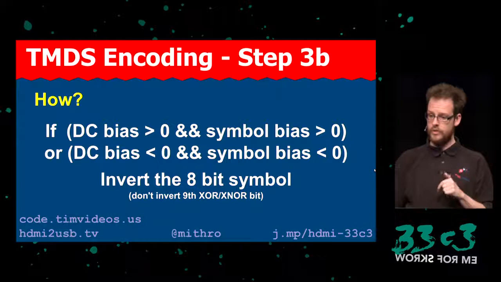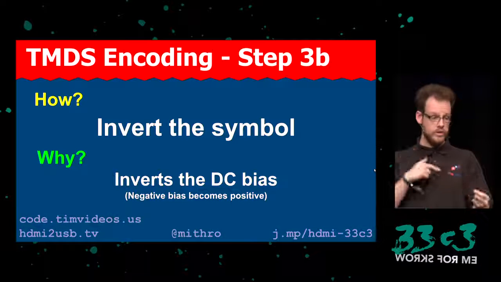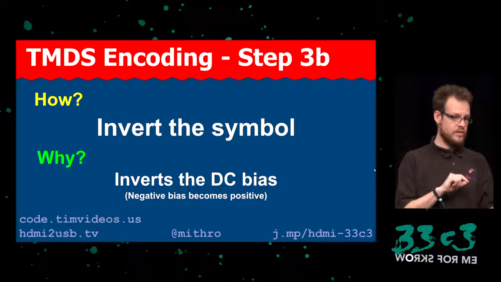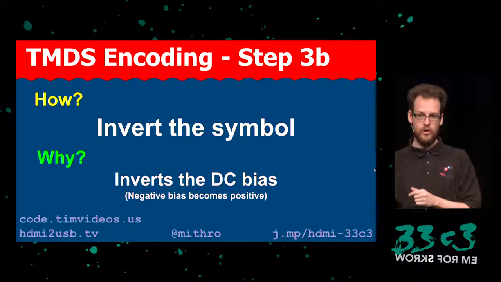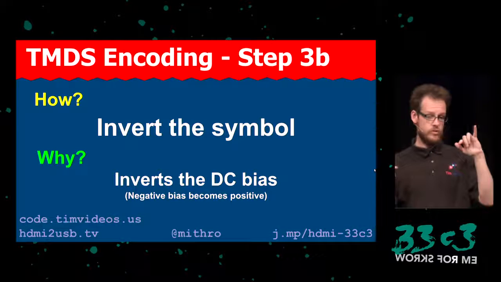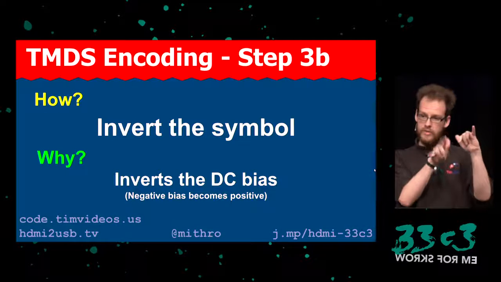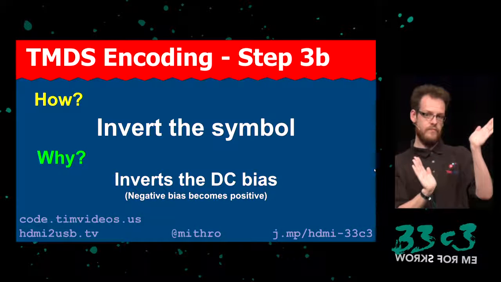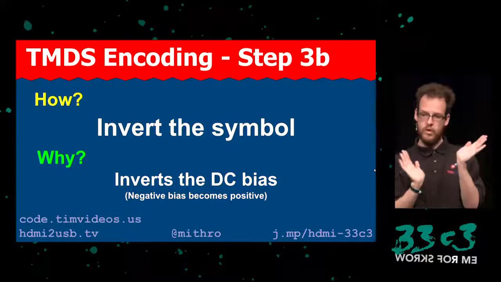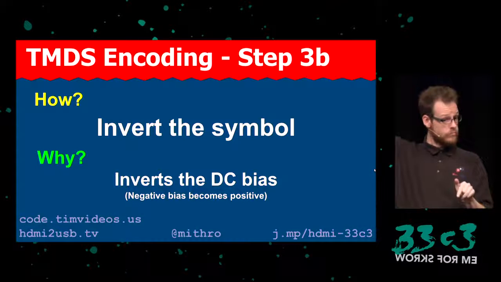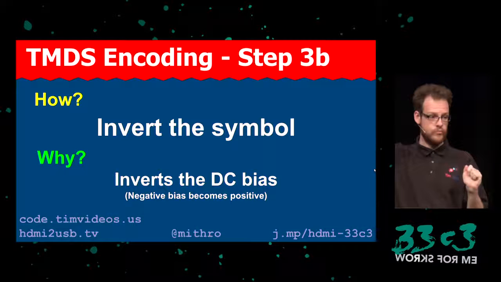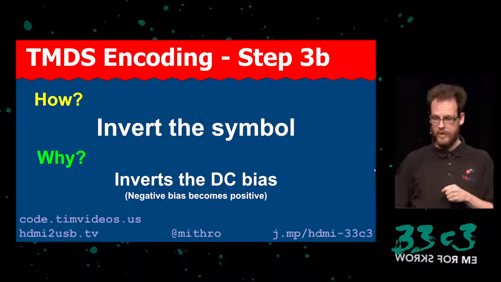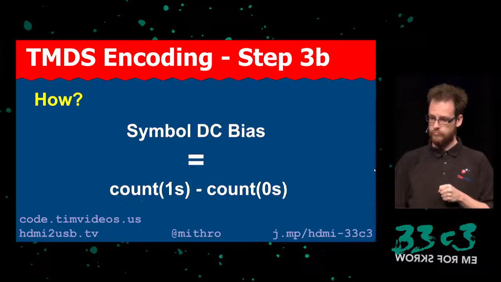And the reason we do this is because when we invert a symbol, we convert all the ones to zeros, which means a negative DC bias becomes a positive DC bias. It means that we're going to drive the running DC bias value back towards 0. We might overshoot, but the next stage will keep trying to oscillate up and down, and on average over time we keep a DC bias of 0.